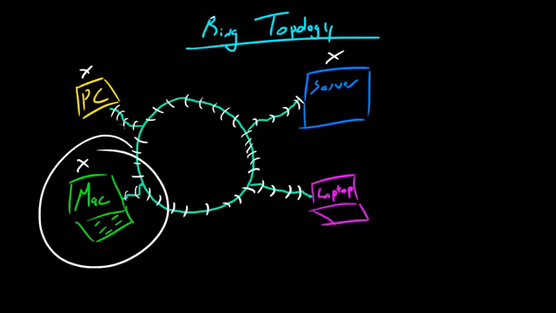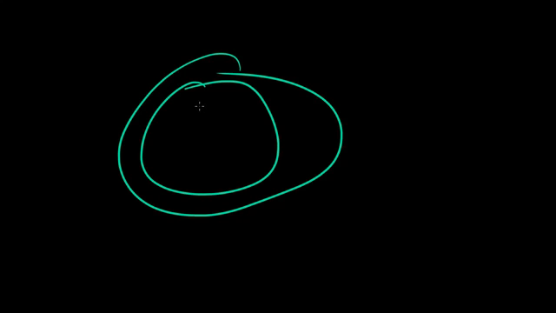Now, even though this is typically the way it works, the way they are actually built, let me just draw this real quick, is you actually have two rings. I can draw that a little better. One right here and another one basically right beside it. Say we have four devices, one here, one here, one here, and one here.